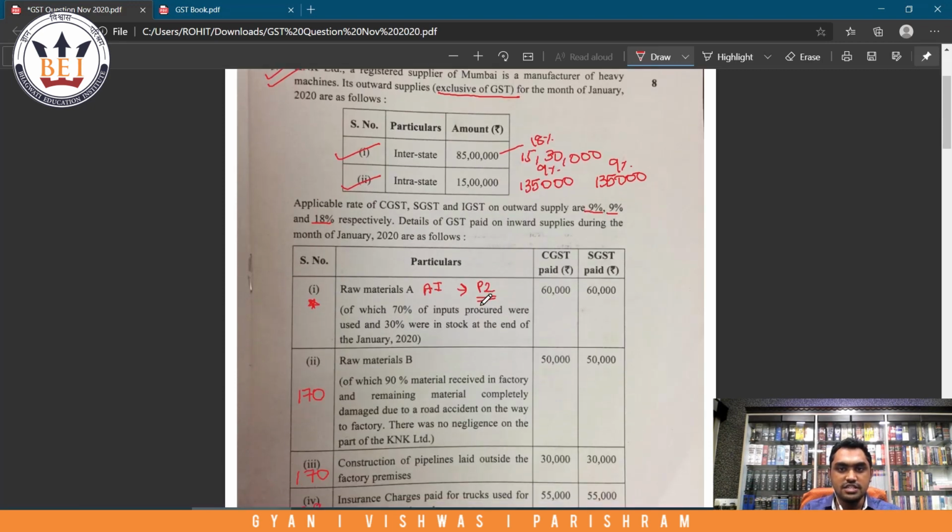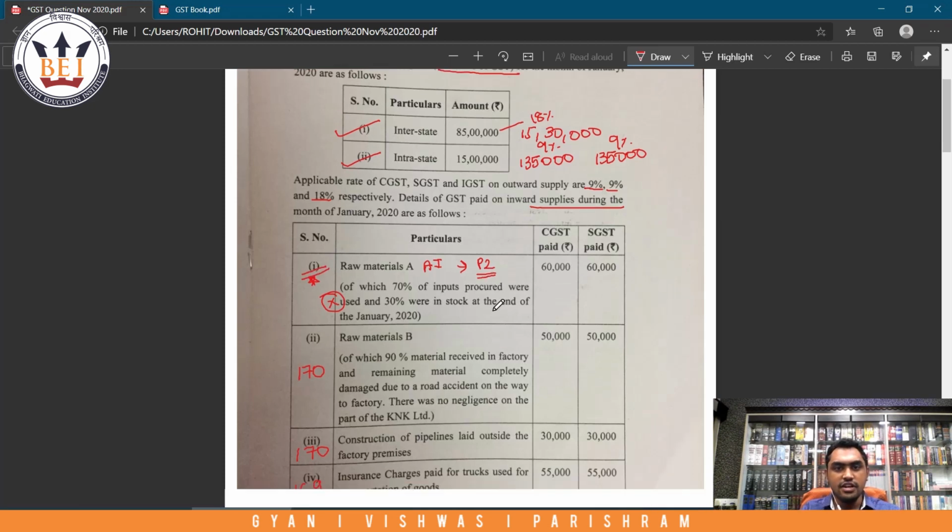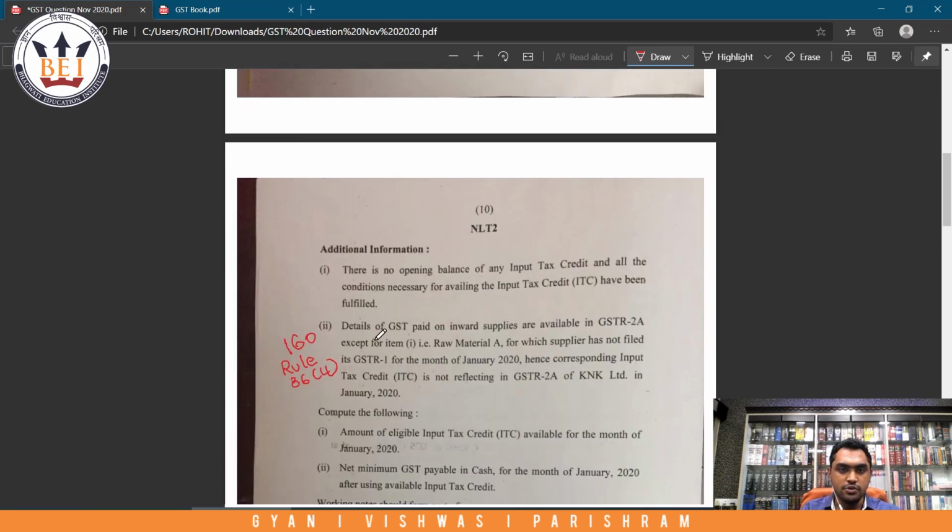The details of GST paid on inward supplies during the month of January are given, the details of input tax credit. They say raw material A, of which 70% of inputs procured were used and 30% were in stock. This information does not have any effect, but regarding this point 1, they have given additional information in point 2.